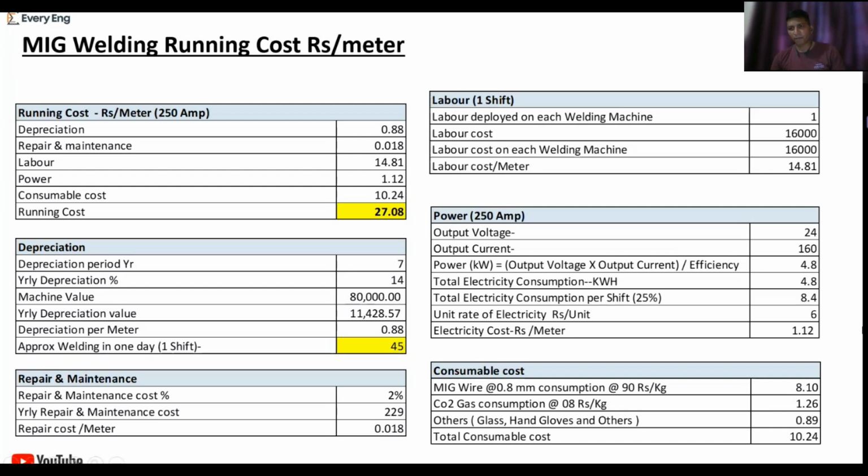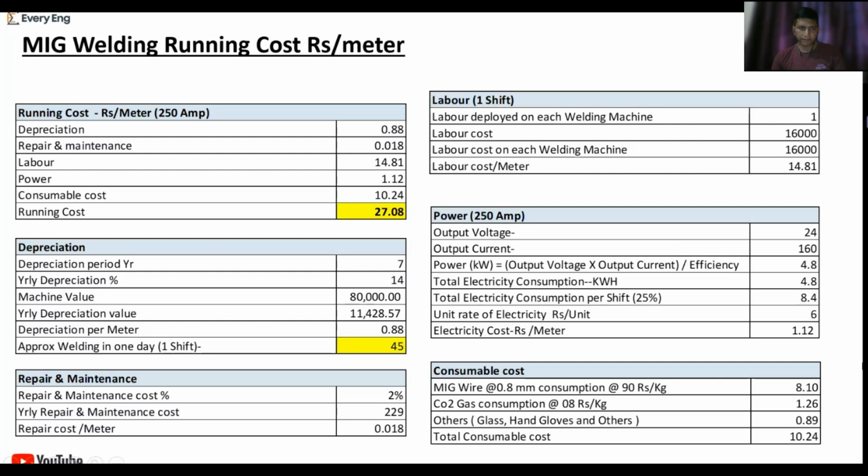So per meter is 14.81, and the consumption per meter of welding. We also need maintenance guys, but we provide that sheet in Excel format, so you can put in the values and get the result.